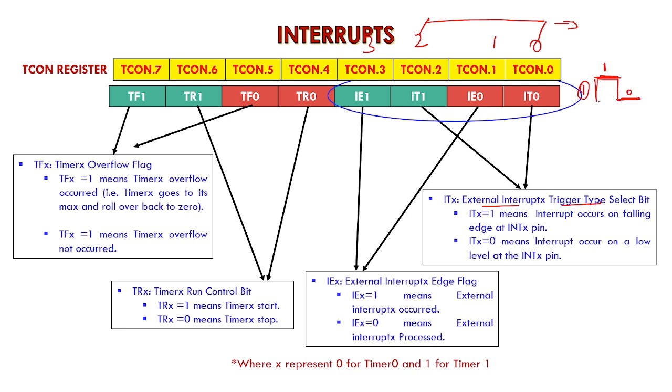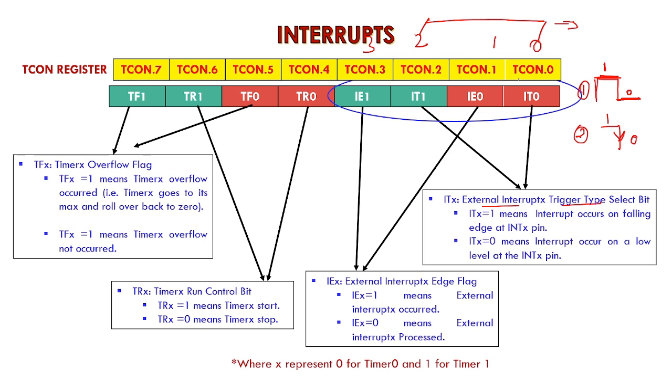Another interrupt type is edge trigger, that is falling edge. Whenever an interrupt occurs, it goes from the higher transition to the lower transition, that is a falling edge. Suppose you want to work in edge trigger, falling edge, you want to specify it in the TCON register.